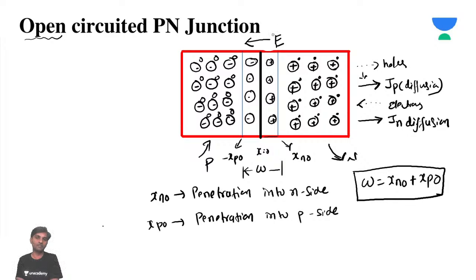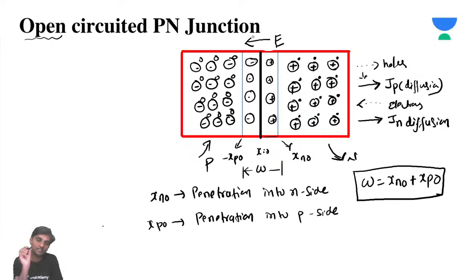The direction of the electric field is like this because if you put a positive ion at the center, it will be repelled and move towards the right side. If you put a negative ion, it will move towards the left. So because of that, we say the electric field is in this direction.